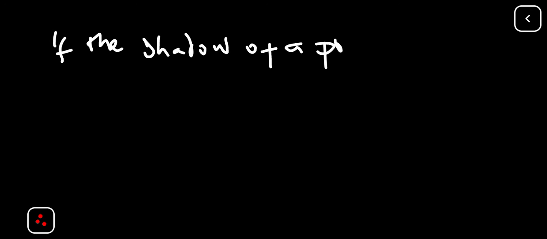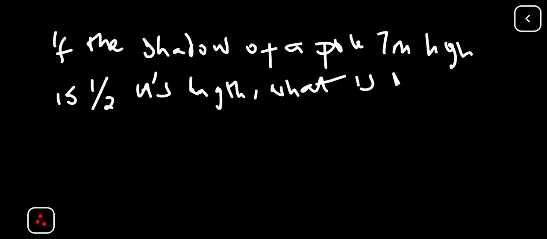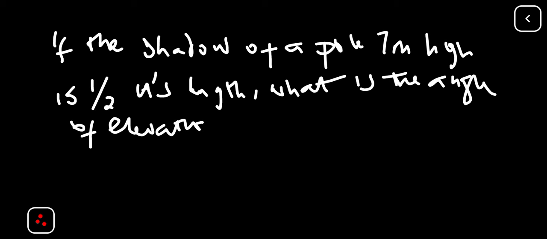So if the shadow of a pole 7 meter high is half its length, what is the angle of elevation of the sun?